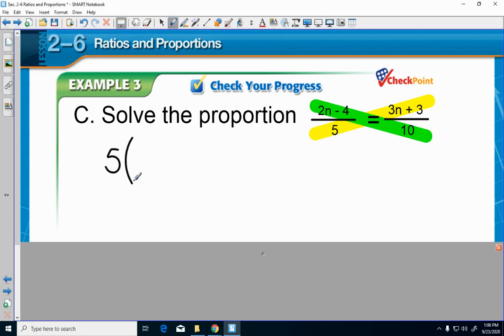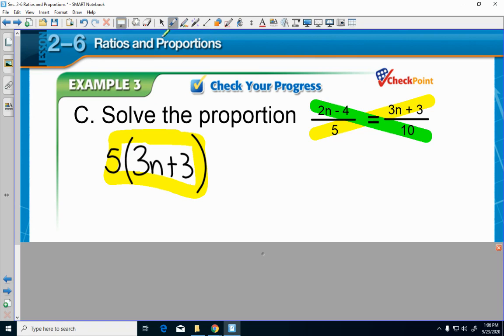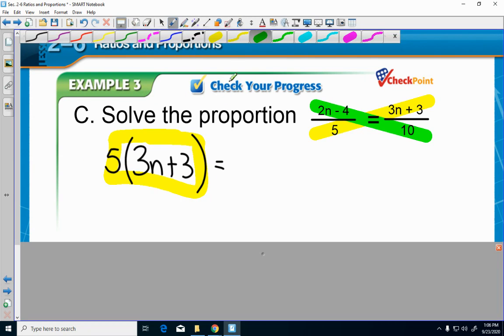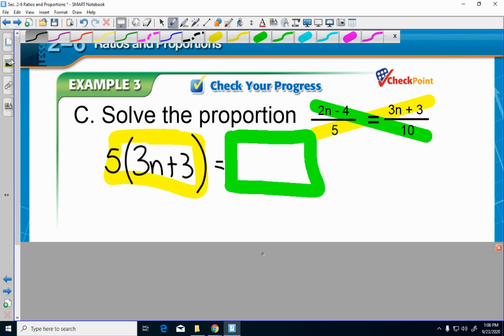Yeah, good. I have to show that I'm multiplying both of those things by 5. Now, that statement right there is represented by the yellow line. What represents the green line? What am I going to write on that side? Chris?